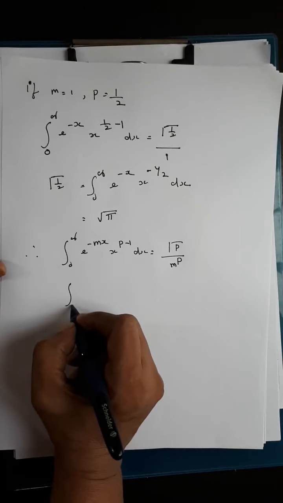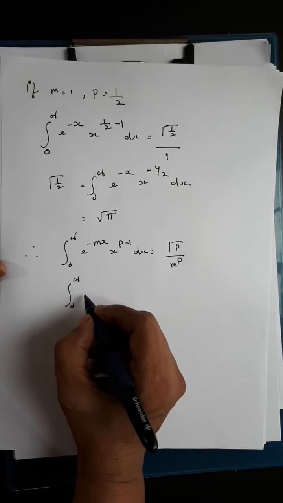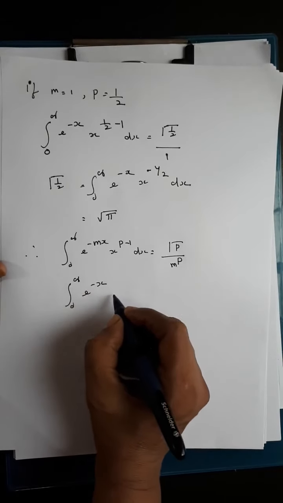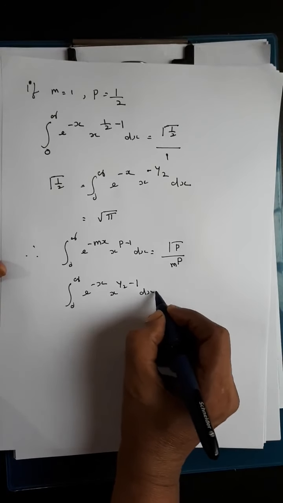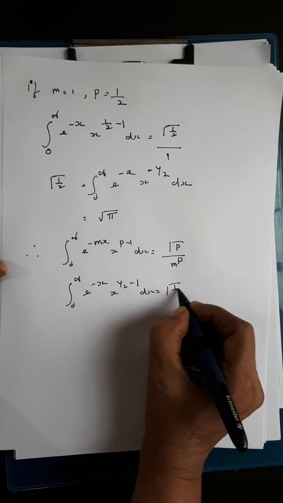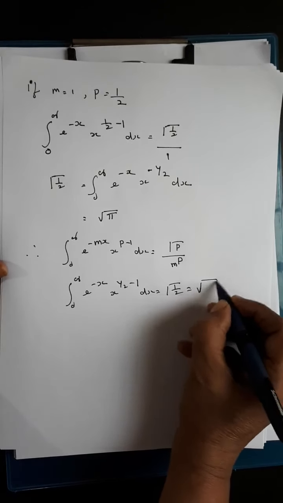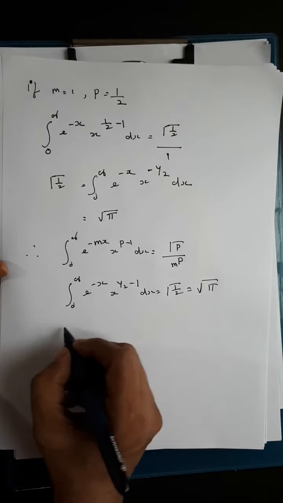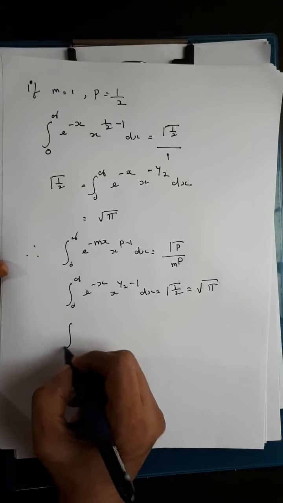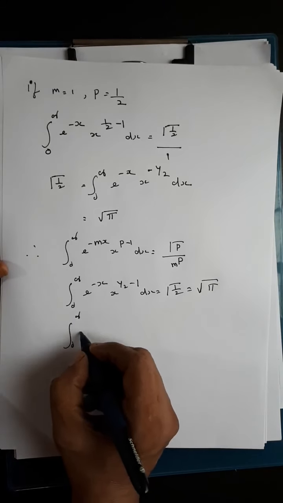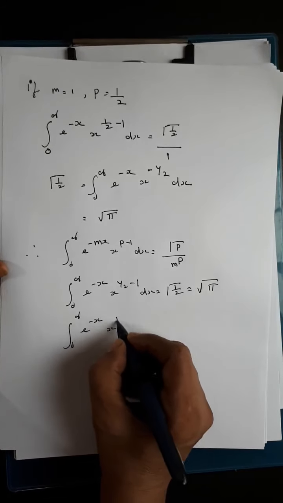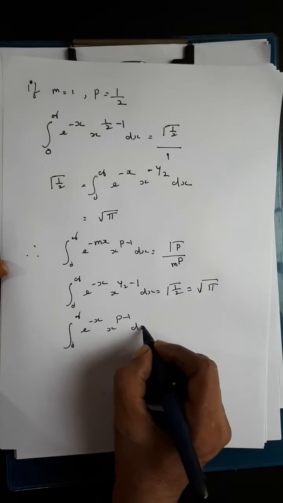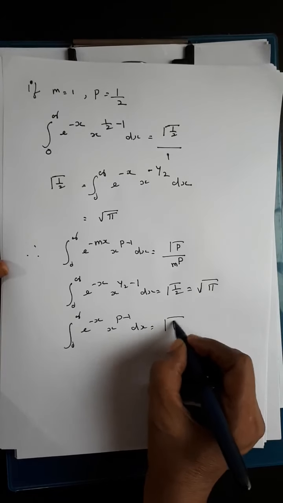Then integral 0 to infinity e raised to minus x x raised to 1 by 2 minus 1 dx is gamma 1 by 2, that is equal to root pi. And integral 0 to infinity e raised to minus x x raised to p minus 1 dx is gamma p.